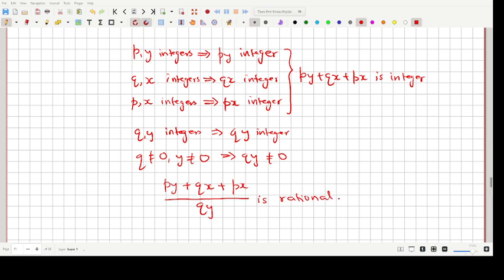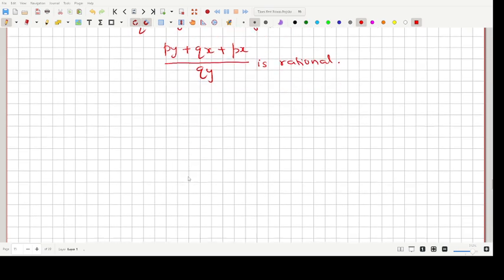Now the second condition is that this rational should not be equal to -1. Let's see now whether it is true or false, right? Okay, now in order to show that this particular rational is not equal to -1, look at the numerator. So in the numerator, we have got various elements p and q and x and y. And remember that we had p not equal to -q and x not equal to -y, right?